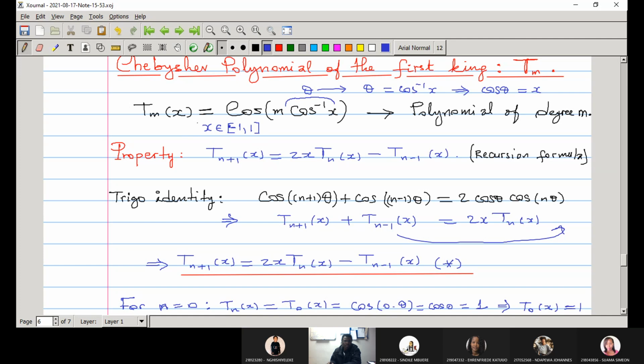So how do we know that x is between them? Look here, this is cosine; x is cosine. I hope you all see the cursor here. And we know that cosine is between -1 and 1, right? So it comes from there. This x you can write as cosine of theta.